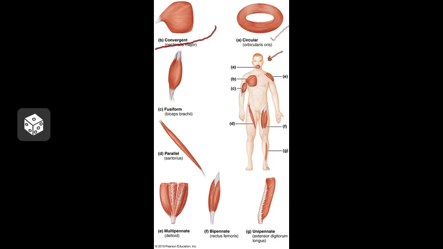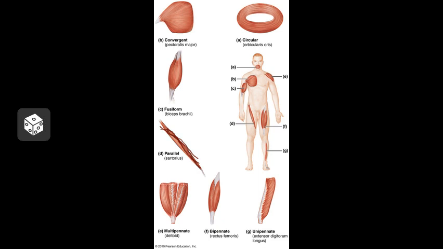Convergent, this is one we see where the fascicles end up converging to one spot, usually on the insertion. Parallel, our sartorius, is a really good example of how all of the fascicles are parallel to each other.